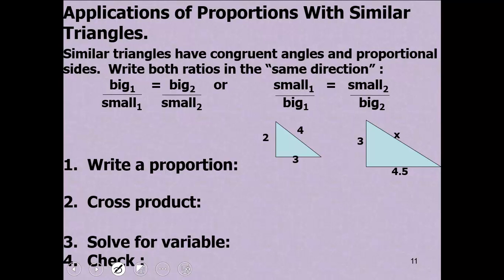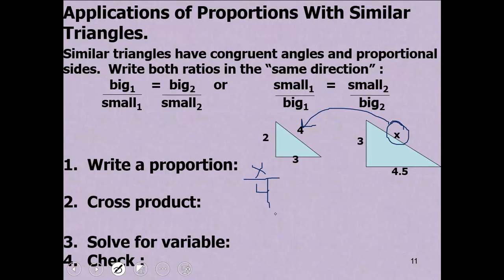All right, I'm looking for this x on my big triangle, and that corresponds to that 4. So I'm going to go big over small this time, just because I can. X over 4. Now I'm going to take another pair of corresponding sides.